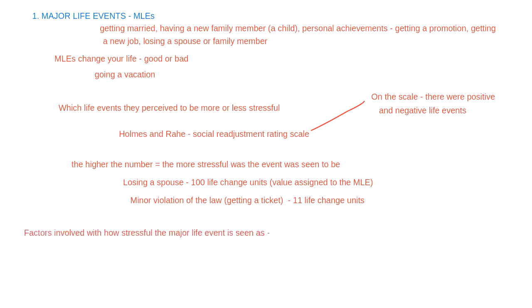So I'll go through a couple of those factors, and then I'll break each one of these down. So one, was it voluntary or involuntary? Two, how desirable was the life change?